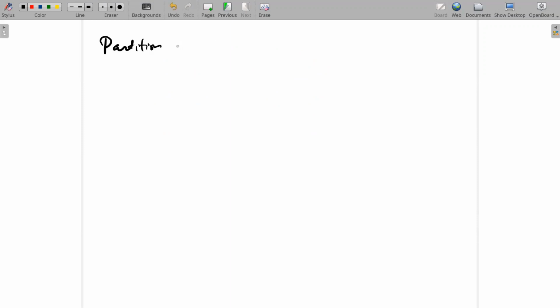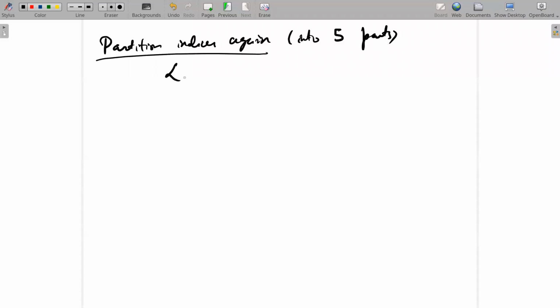Now partition indices again into 5 parts. 5 looks like a big number, but what's going on here is K. K was non-basic. N by definition is the set of all indices, like B complement, or J complement, depending on what we use as our indexing set. So K union N minus K is just N. Those are the non-basic indices. That's the partitioning we're doing.